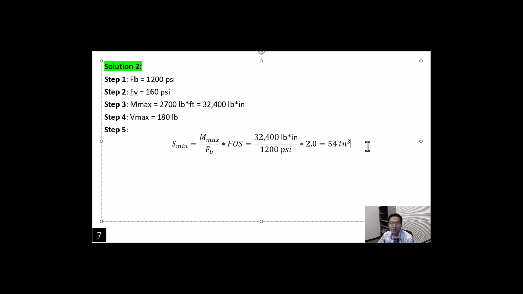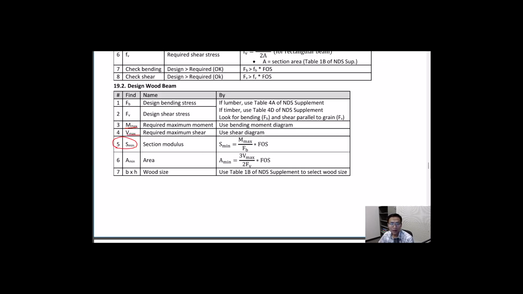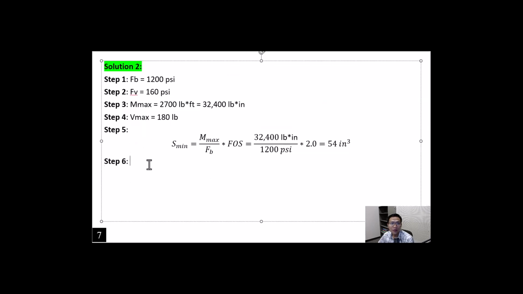Now let's go to step 6. Step 6 is to calculate the A min. A min equals 3V max divided by 2FV, multiplied by FOS.